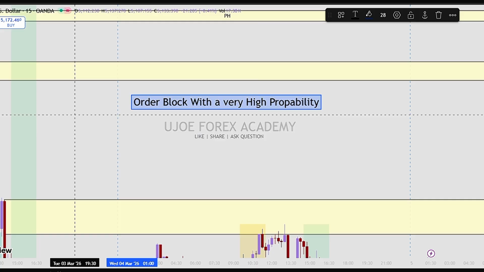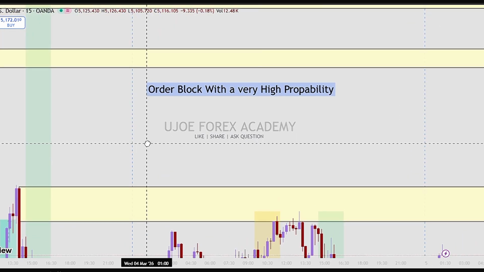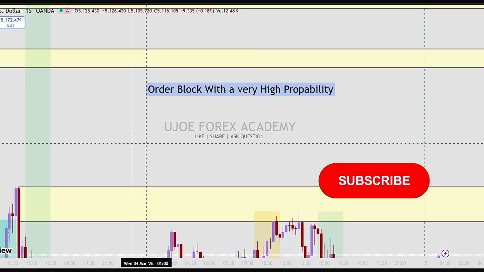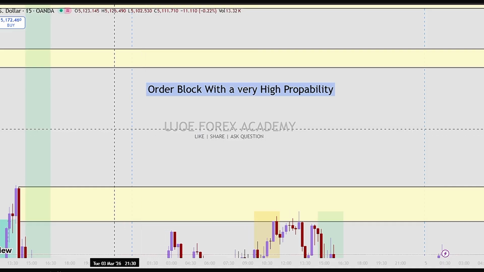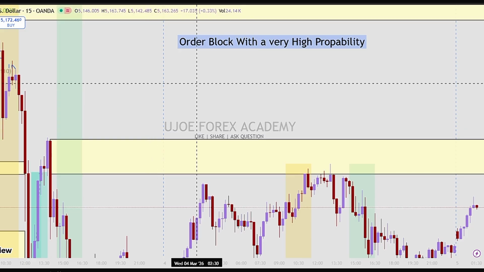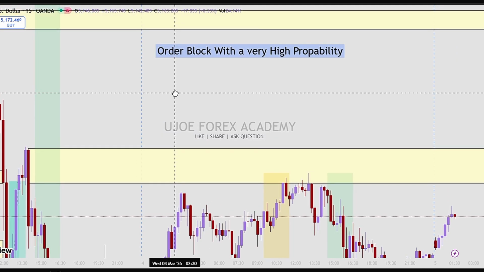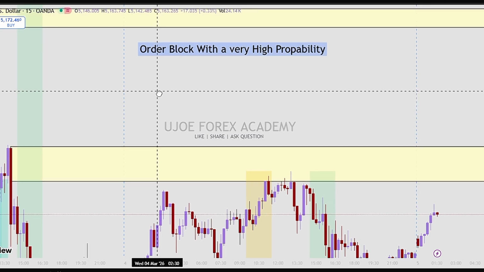Most order blocks do exist, but the probability of your trade on any particular order block playing out accurately would be very, very slim if you make use of all order blocks without paying attention to the high probability order block. That is why we advise you use a very high probability order block.